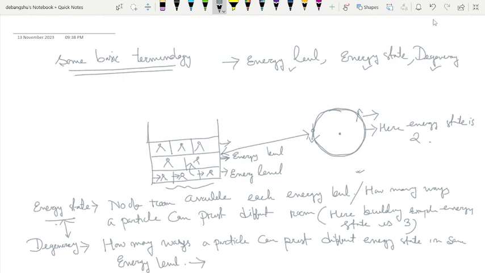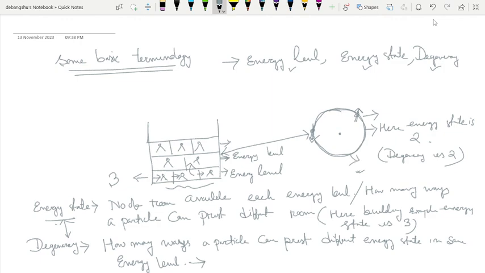This is the degeneracy actually. In this case degeneracy is 3, and in this case degeneracy is 2. Why 2? Because 2 electrons can be present in the same energy level. This energy level is the same here.